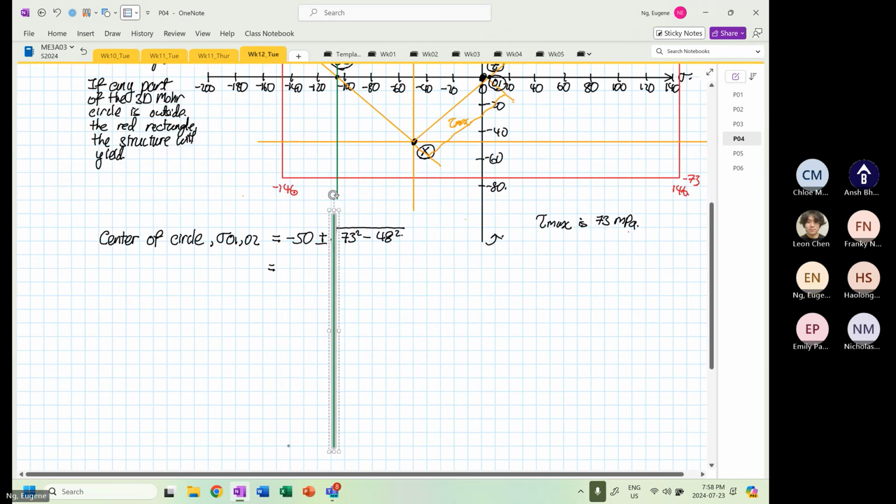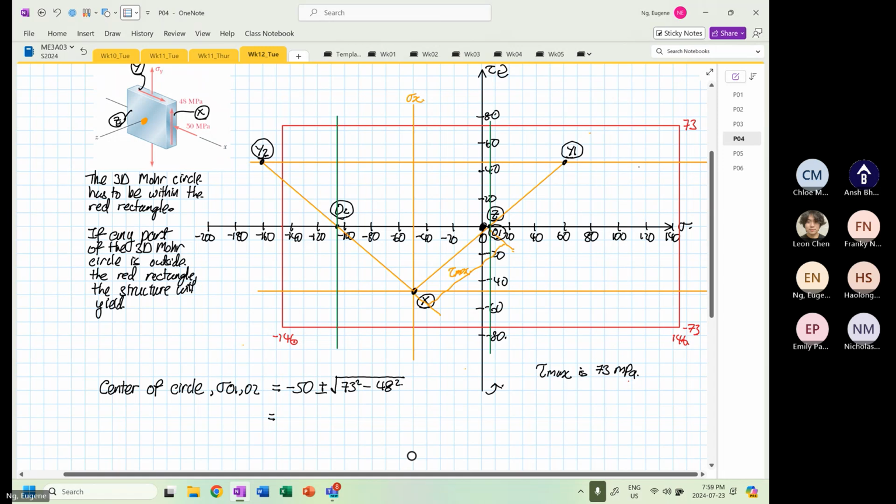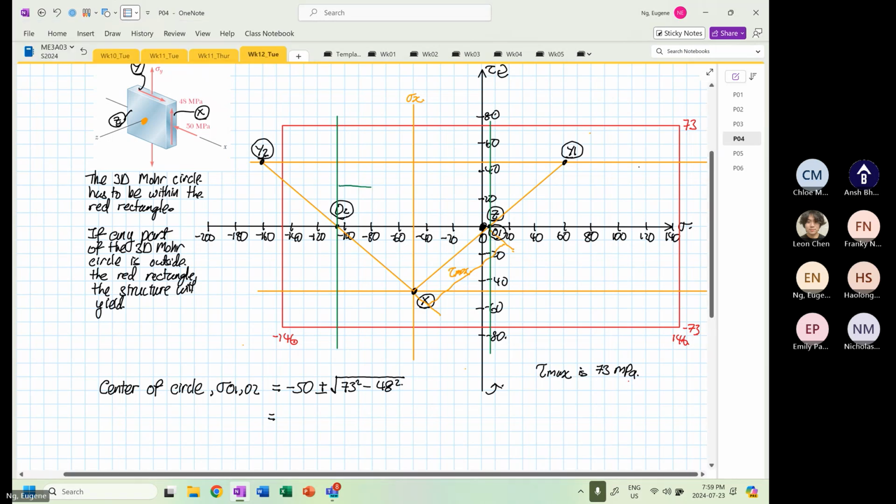What we are trying to determine is this distance over here, and this distance is the same.